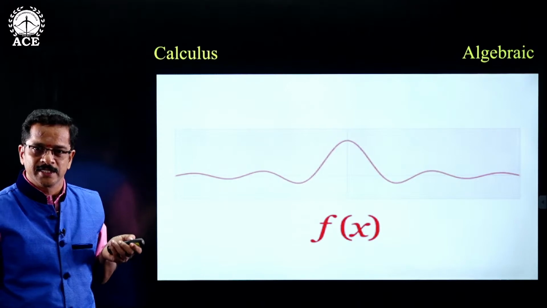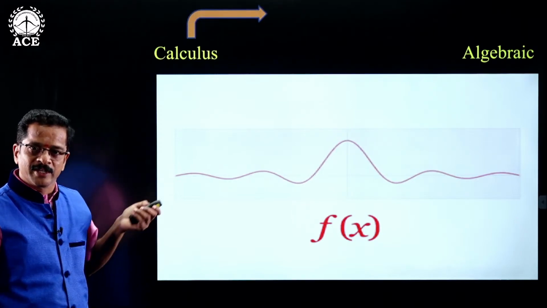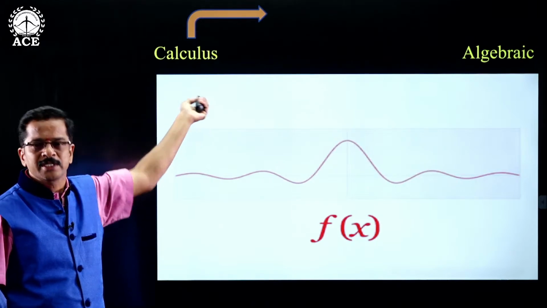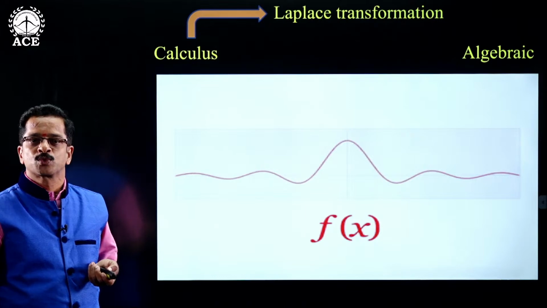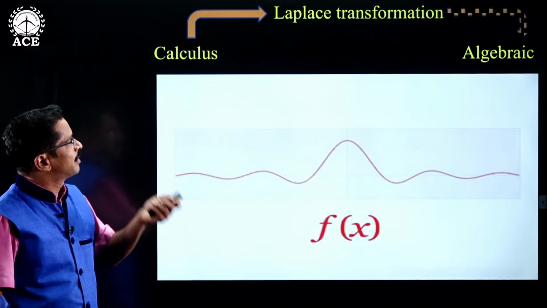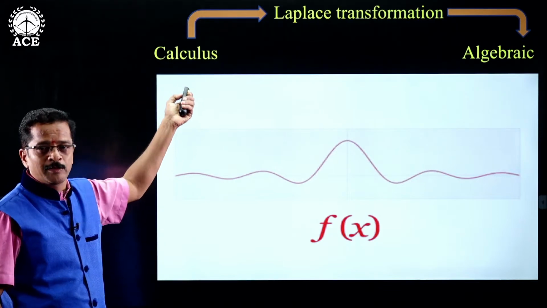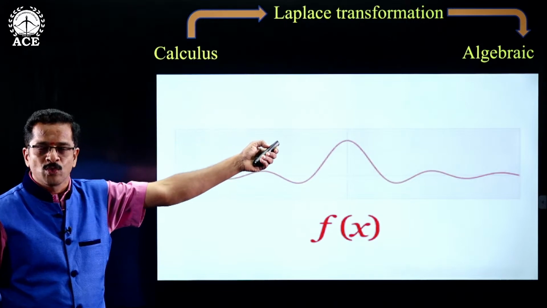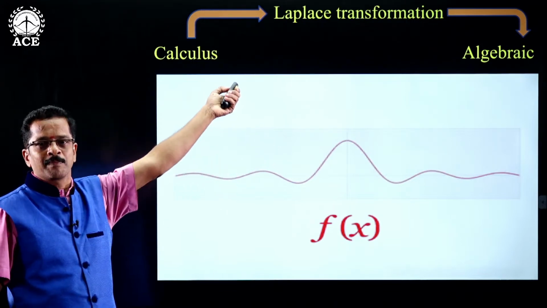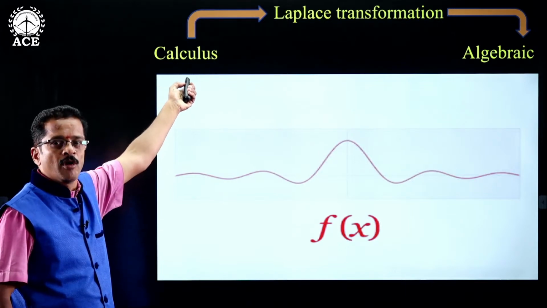How does that happen? See, I am taking the data from calculus, taking the Laplace transform tool, and converting into algebraic. So whatever data is available in calculus, I am converting into algebraic by using Laplace transform. It is a non-linear form.